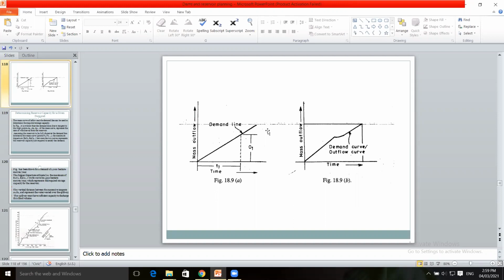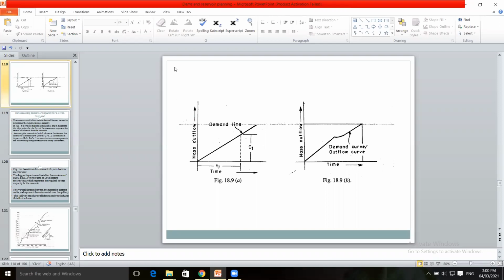After this, we have seen the determination of reservoir capacity by dependable yield, and another one is determining the reservoir capacity by the mass inflow curve and mass outflow curve. In the exam, they ask this for 6 to 8 marks.